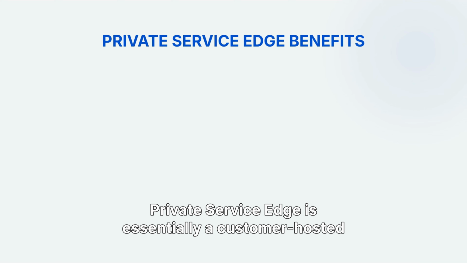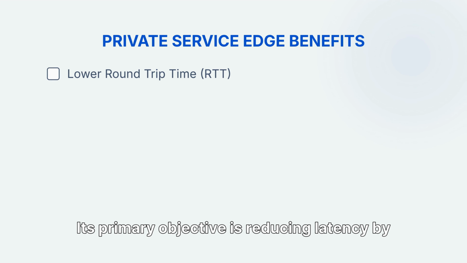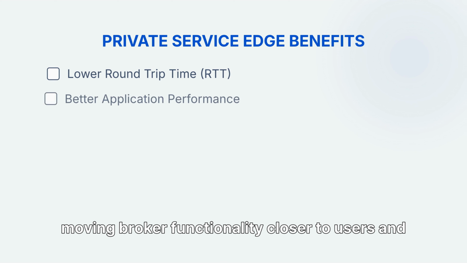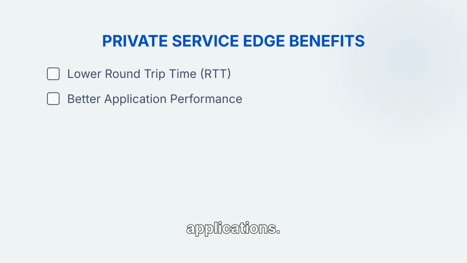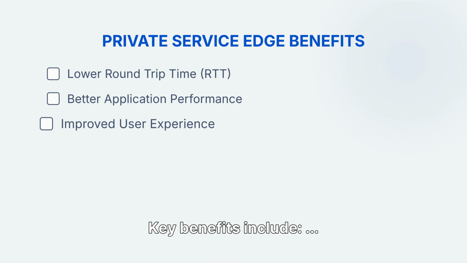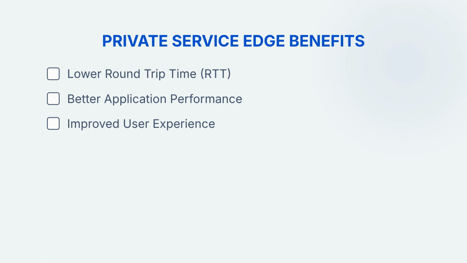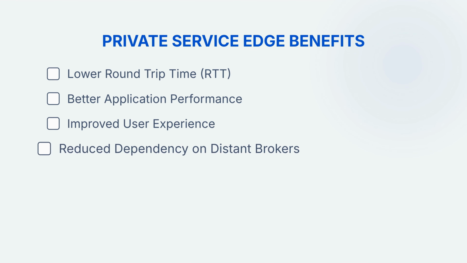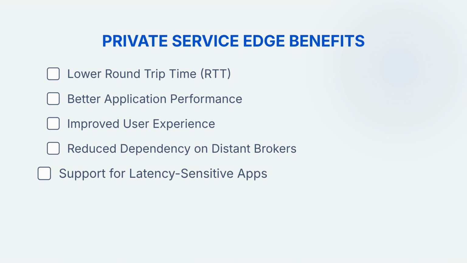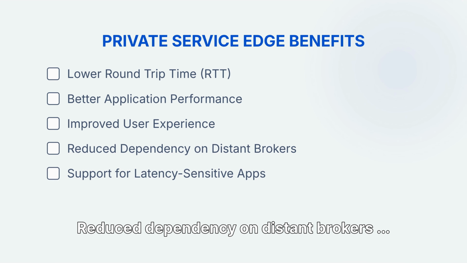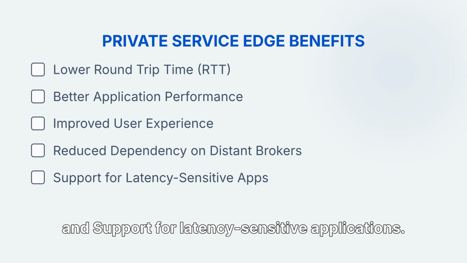Final summary. Private Service Edge is essentially a customer-hosted broker for ZPA. Its primary objective is reducing latency by moving broker functionality closer to users and applications. Key benefits include lower round-trip time, better application performance, improved user experience, reduced dependency on distant brokers, and support for latency-sensitive applications.